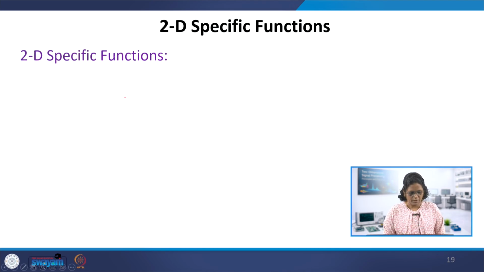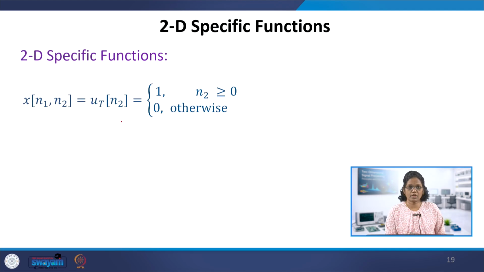What should the sequence be for u of n2? Here x of n1 comma n2 is equal to 1 for n2 greater than or equal to 0, and 0 otherwise.